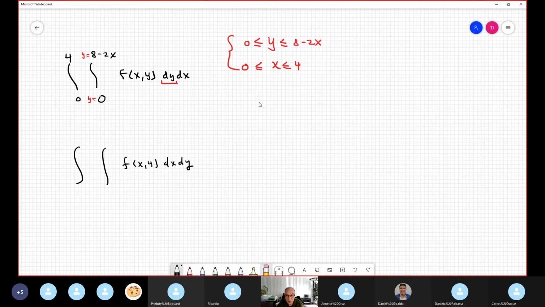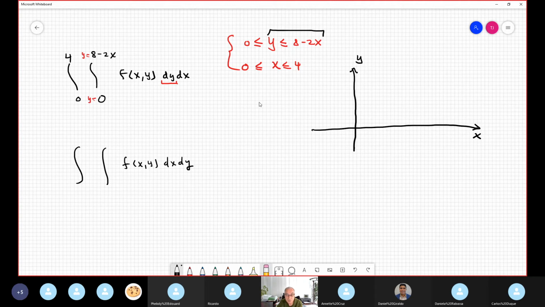However, I don't understand very well, because I need to do the graph to understand much better. Okay, x, y. Well, you take, for example, this equation first. Y equals a minus 2x. It's a line in which the y-intercept is 8.